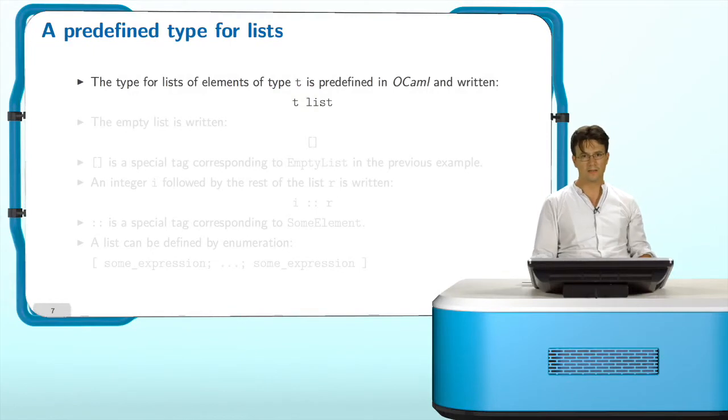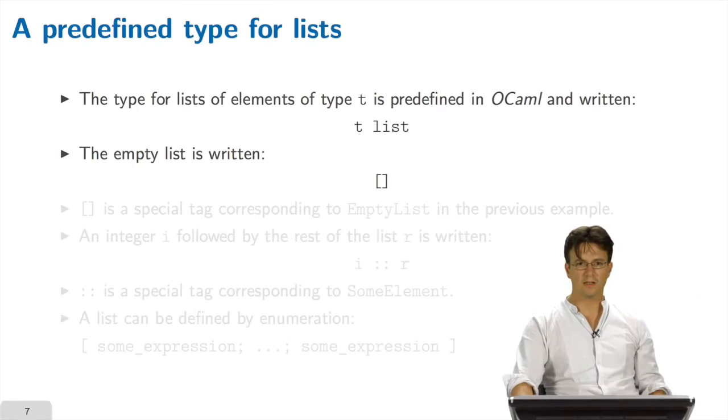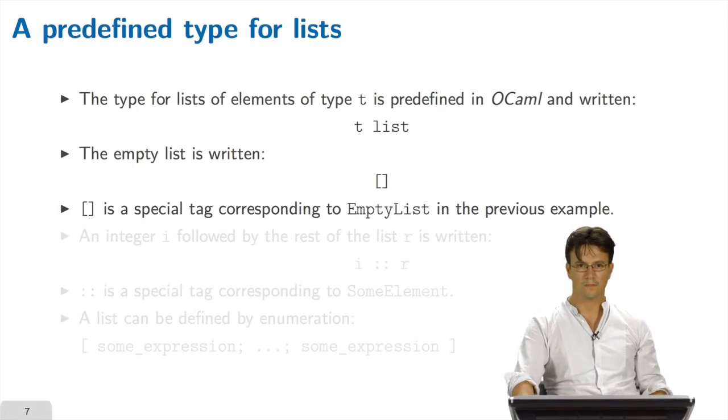Actually, lists are so important in functional programming that there exists a predefined type for lists. It is written T list, where T is the type of the elements of the list. The empty list is written using two brackets like this. And in fact, it's just a special syntax to represent the tag for the empty list.